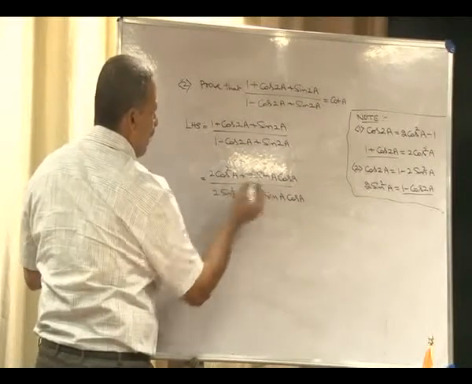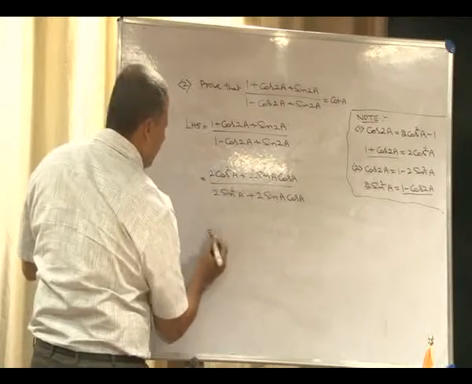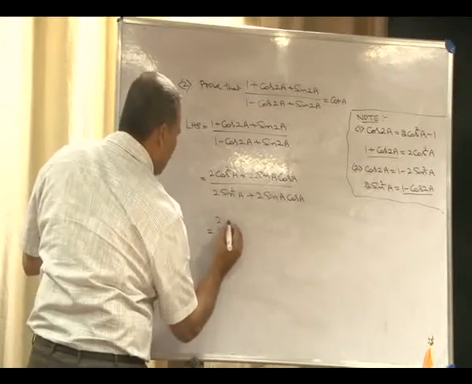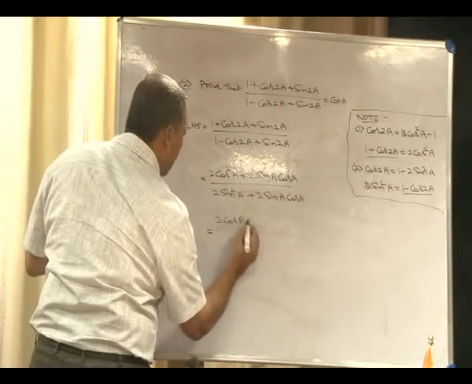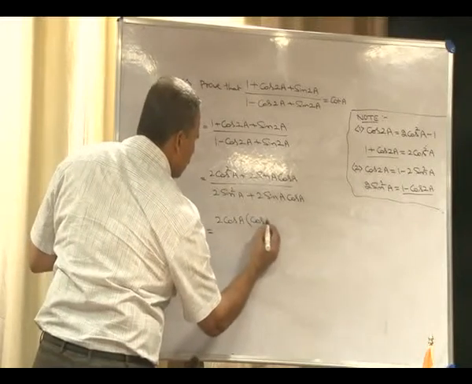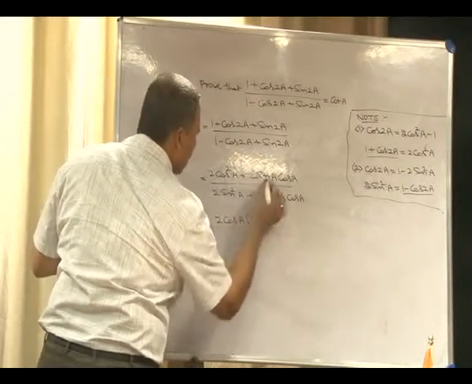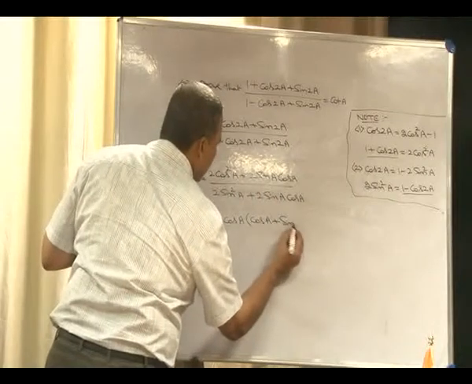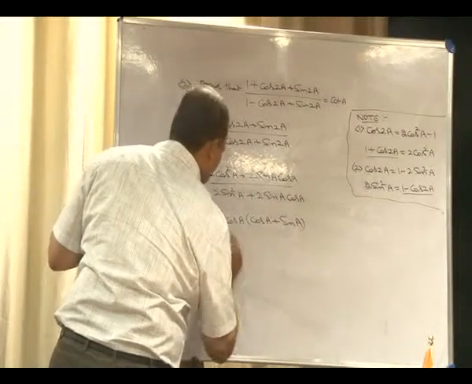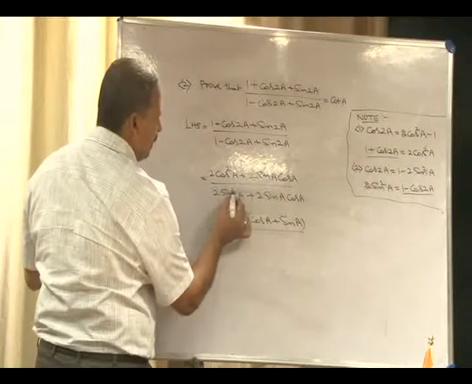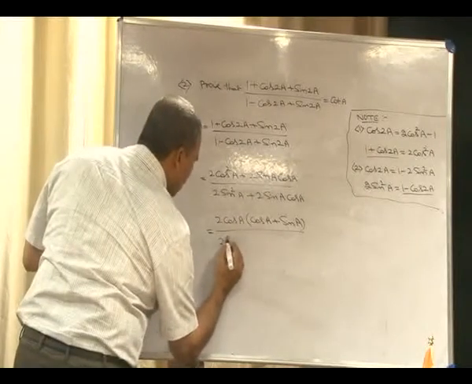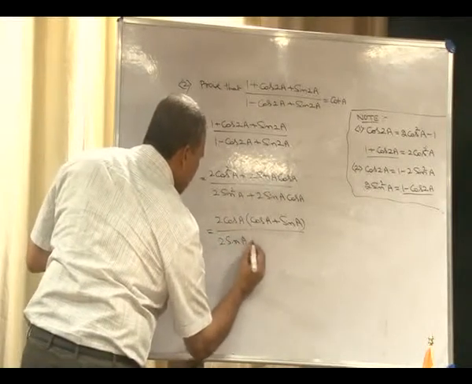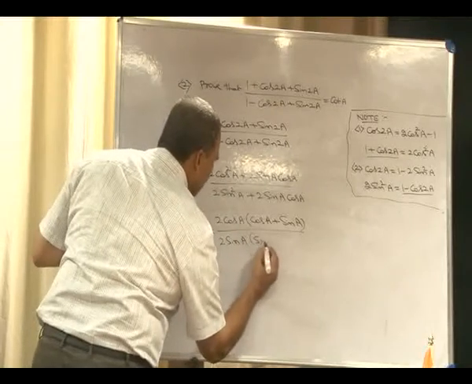In the numerator, 2 cos a is the common factor, that is 2 cos a into cos a plus sin a, by, in the denominator, 2 sin a is the common factor, that is 2 sin a into sin a plus cos a.